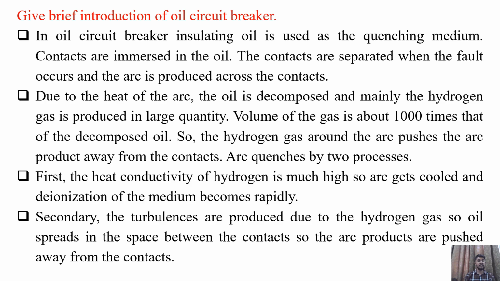The oil is sprayed in the space between the contacts and forces the arc products away from the contacts, and the arc quenches completely. This is how the oil circuit breaker quenches the arc. This is the basic introductory information of oil circuit breaker.